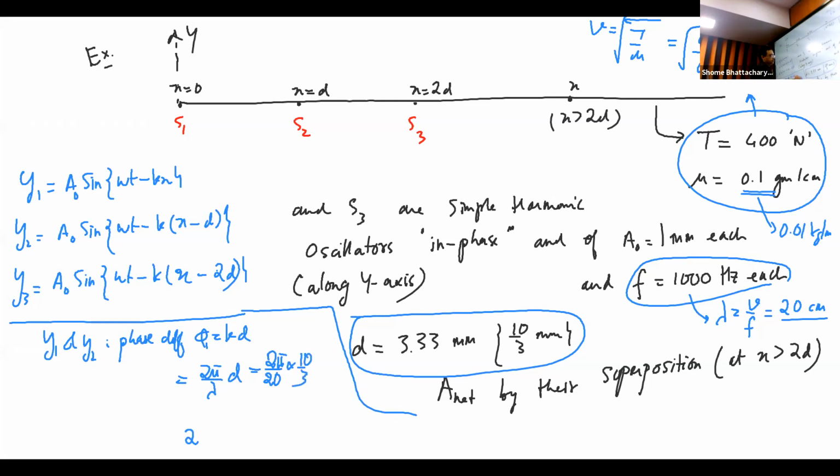So that's pi by 3 for a 120-degree phase difference. And similarly, when you calculate the phase difference between y1 and y3, that will come out to be double of this. So that will come out to be 2 pi by 3.